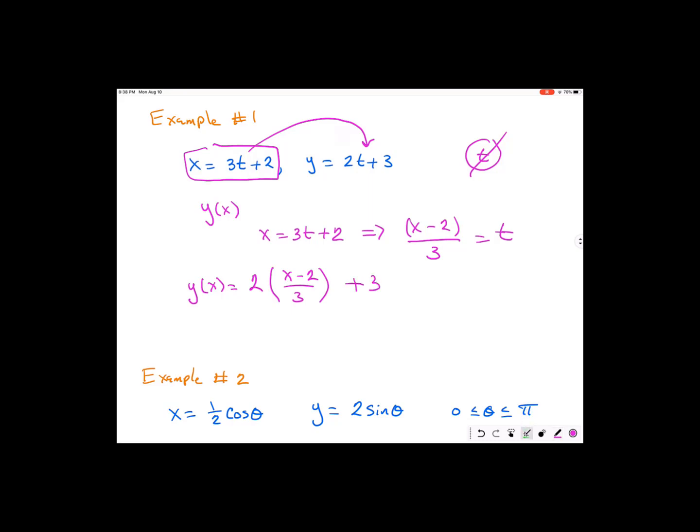So all I did, again, was substitute this value that I solved for t in the x equation, and I plugged that into t, so 2t and then plus 3. So now I have converted to our Cartesian equation. And I could simplify that, I could expand it, but I have done the job of converting it. Let's look at another example.